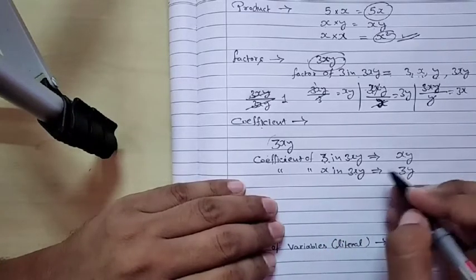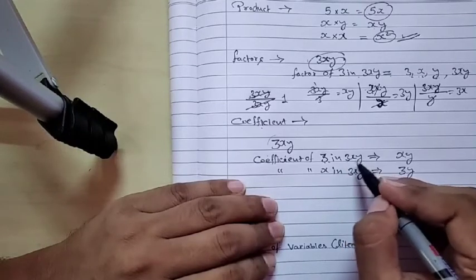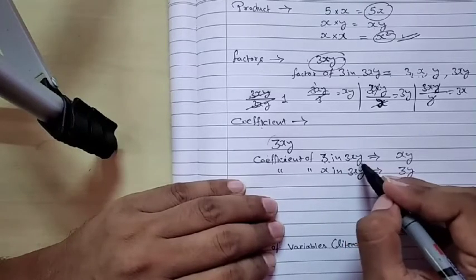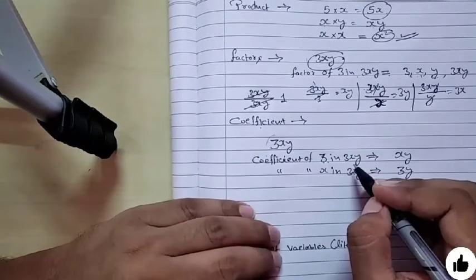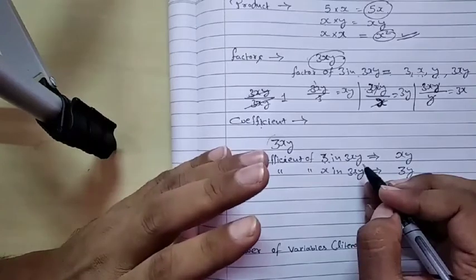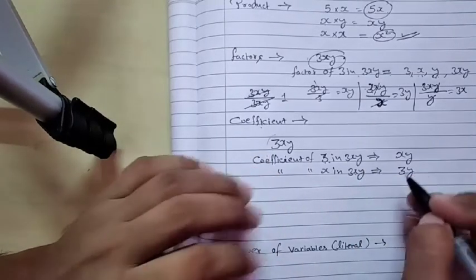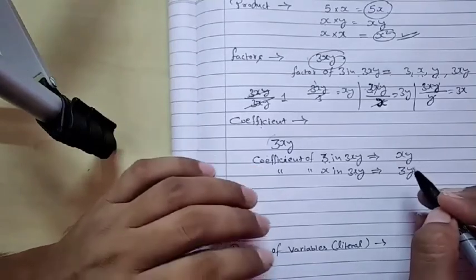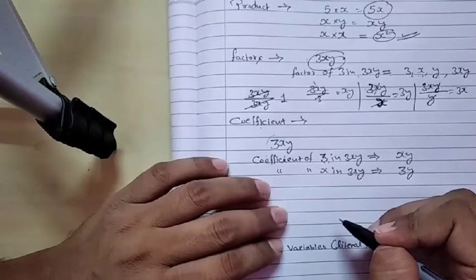Because as you know, 3, x and y are factors of each other, and these are groups of factors. That's why I told you any factor or group of factors of a product is known as the coefficient of the remaining factors.